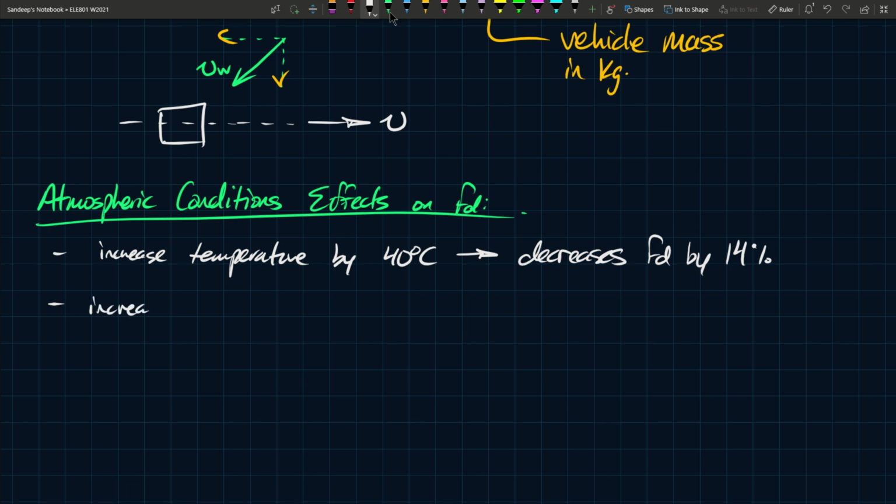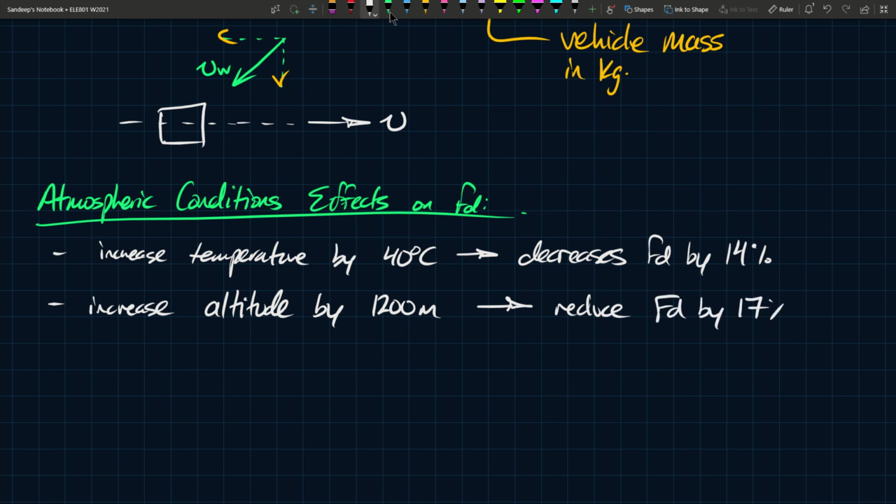Now there's another one that says if you increase the altitude, the temperature was the other one, by 1,200 meters, you reduce FD by 17%. That means that hot places that are very high up have much less aerodynamic drag, which is convenient. Although the issue is we all can't live in very hot places that are very high above sea level.